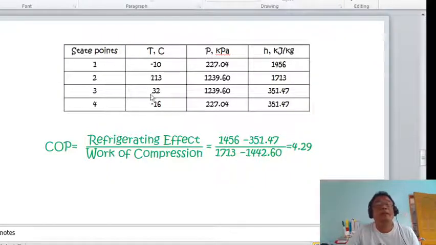And then the enthalpy after compression, class, at 113, the pressure is 1239.6, and then the enthalpy is 1713. Okay, at 3 is 32, and then the enthalpy is 351.47. Same pressure.